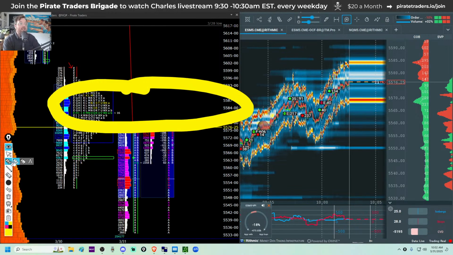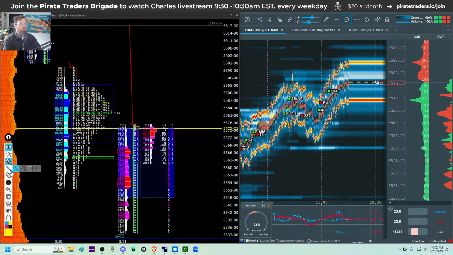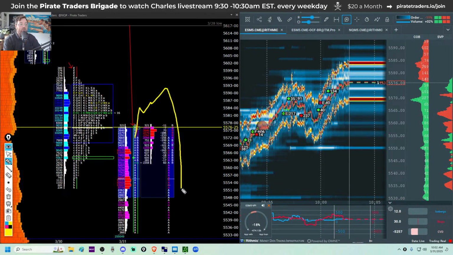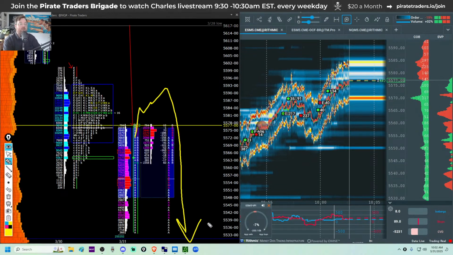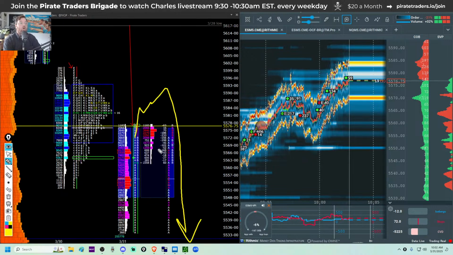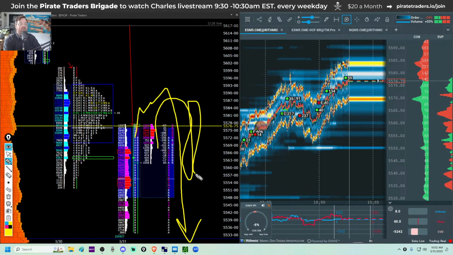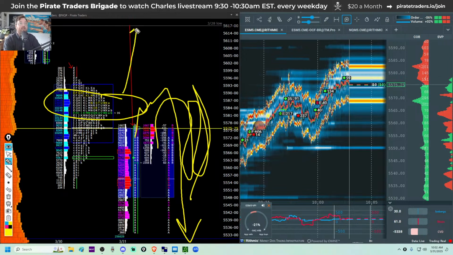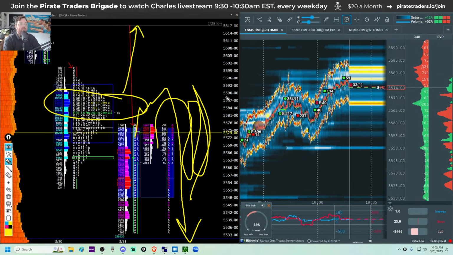Because I know if we get resistance here, one of two things is going to happen. We're either going to come back down through the opening price and the selling will continue into the C and D and E periods, or we'll come back down, find support, and then just basically go sideways. One of those two things is going to happen if this resistance holds. If this resistance doesn't hold and we poke through, guess what we're doing? We're filling the gap.